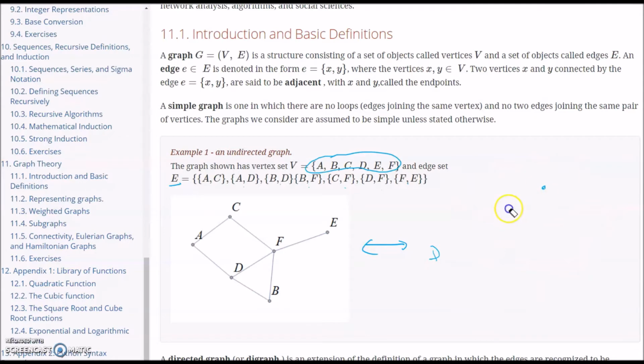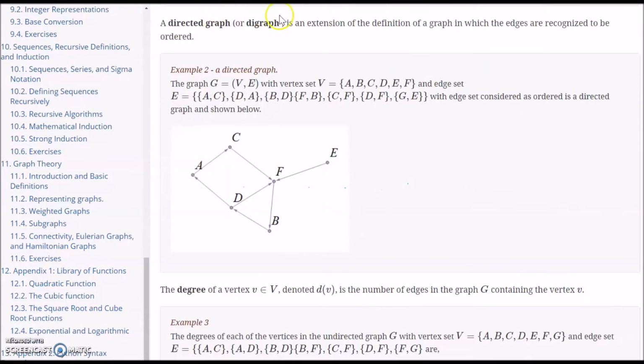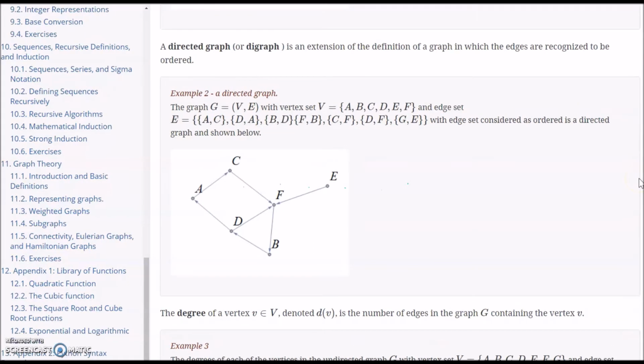We have something called a directed graph, and a directed graph is defined right here. Another word for it is digraph, and it's an extension of the definition of the graph, but now the edges are ordered. That is, they have direction. So here I have a graph with vertex set A, B, C, D, E, and F. And now I'm declaring beforehand that this is a digraph. I'm going to go ahead and say in advance that this is a directed graph.